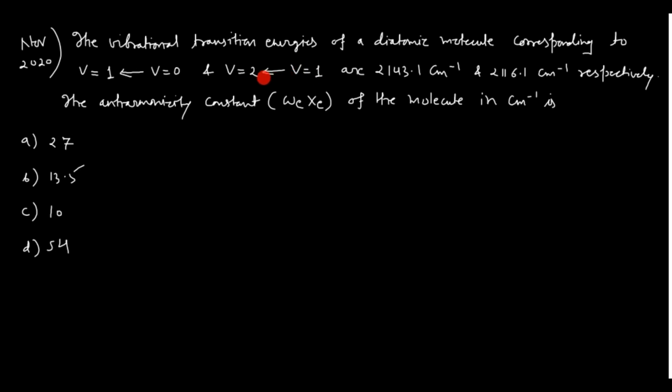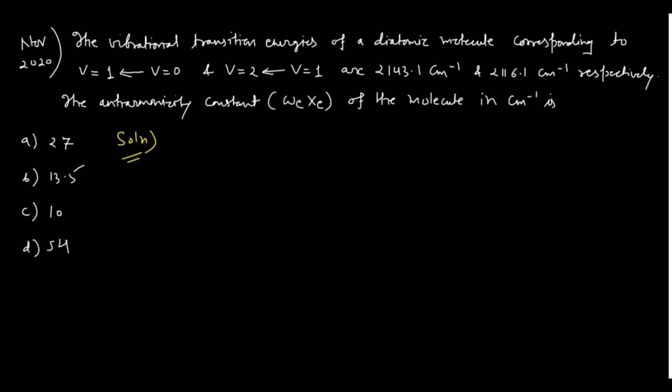This is the hot band. This is your fundamental vibration, and the vibrational frequencies are given for the fundamental vibration and your hot band. And you have to calculate the anharmonicity constant. Again, this is a very simple kind of problem, not a very big deal, but you need to understand the concept of the hot band and fundamental bands, overtones, all these things.